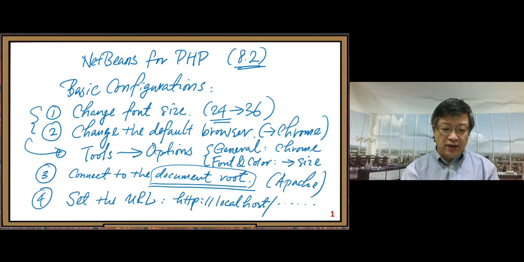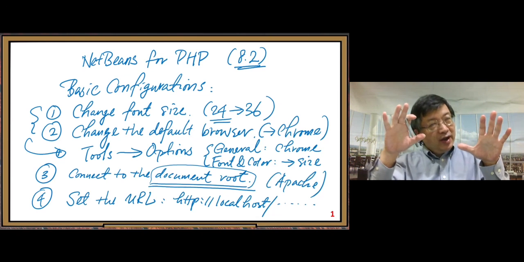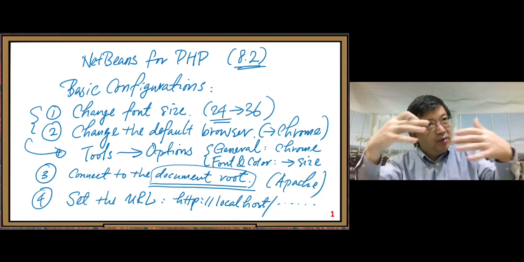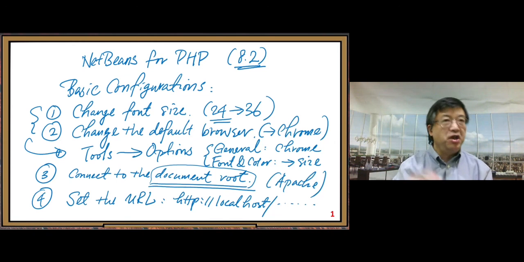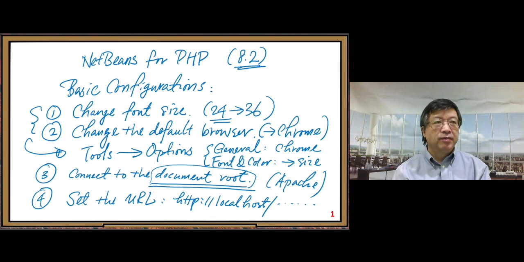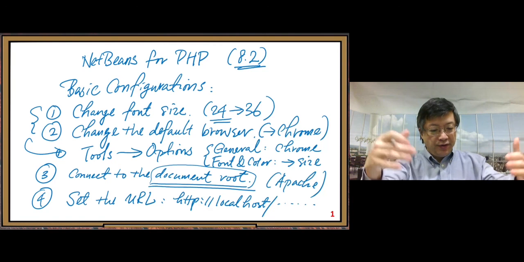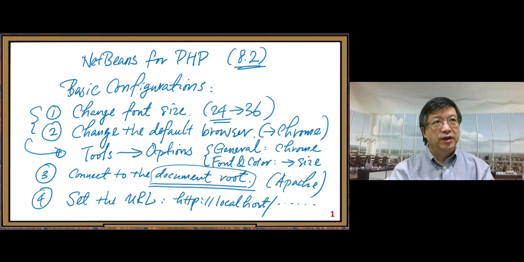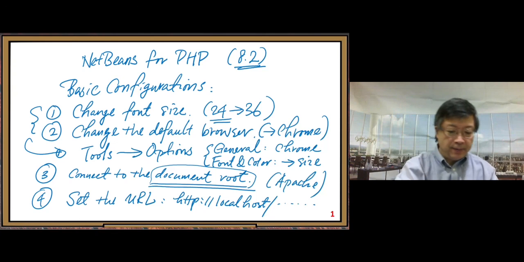After you complete these 4 steps, you are ready to develop your PHP projects. Now let me show you. We will go through all these 4 steps so you can get a better idea.